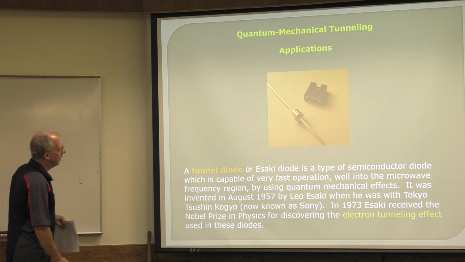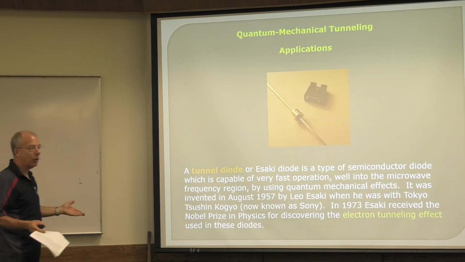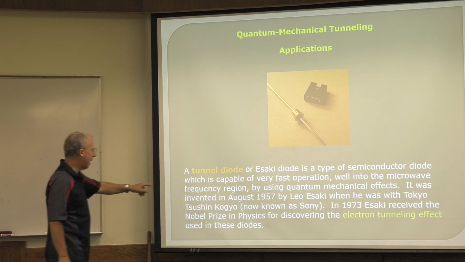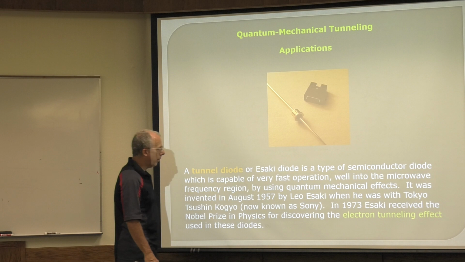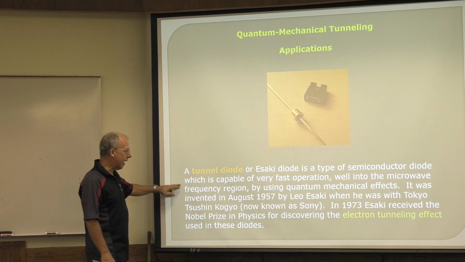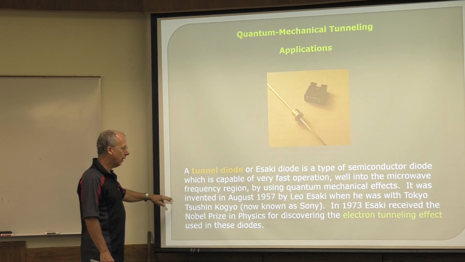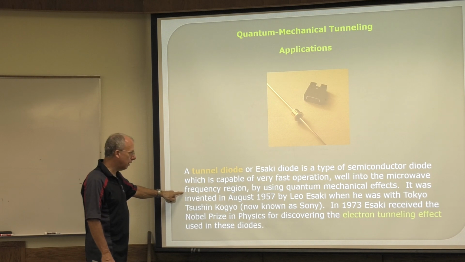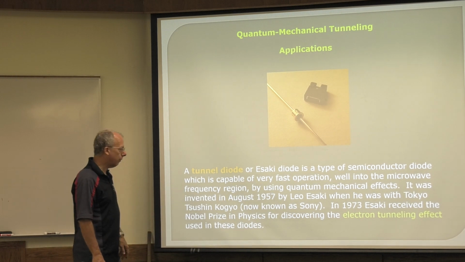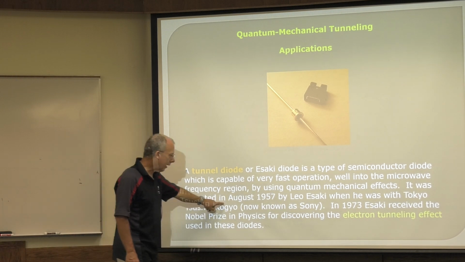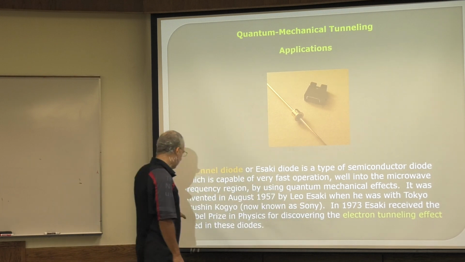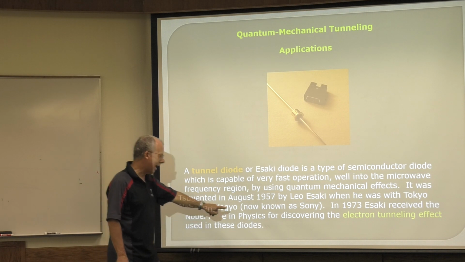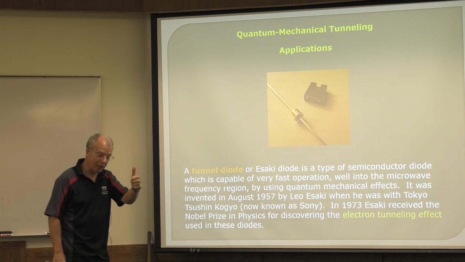Here's another example. It's called a tunnel diode, okay? A tunnel diode, or Esaki diode, is a type of semiconductor diode which is capable of very fast operation, well into the microwave frequency region, by using quantum mechanical effects. It was invented in August 1957 by Leo Esaki when he was with the Tokyo company, now known as Sony.